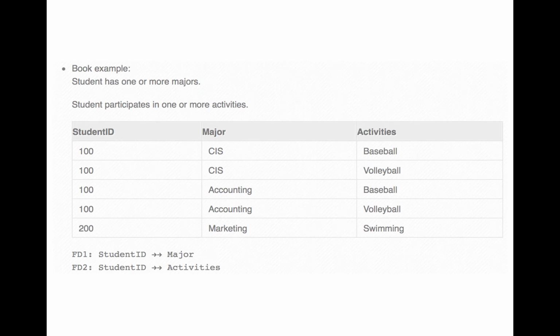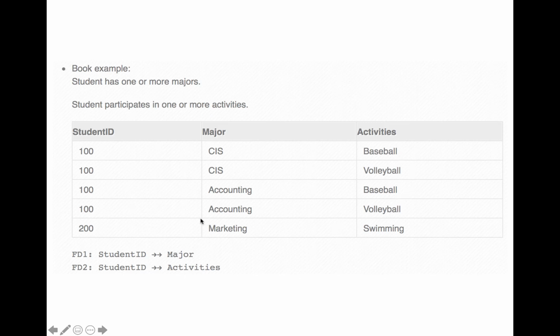How do I avoid it? By splitting the relation logically. For example, here, student ID. So what do we have here? Student ID, major, activities. A student can be in more than one major, and can be in more than one activity.